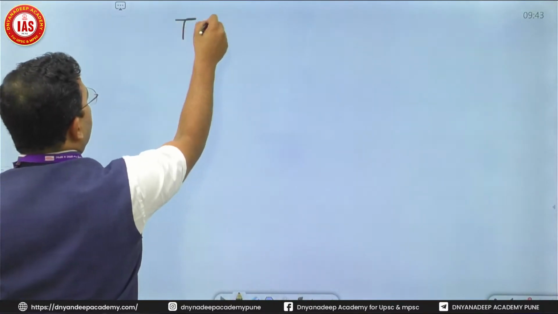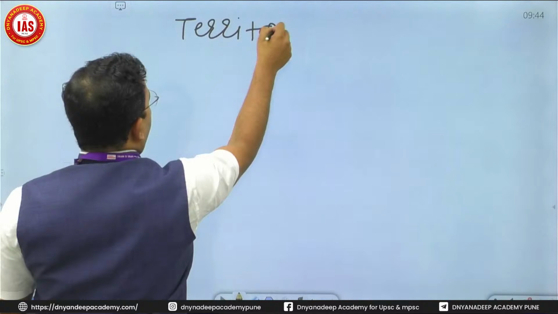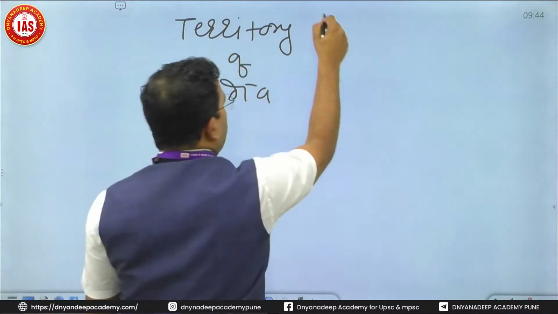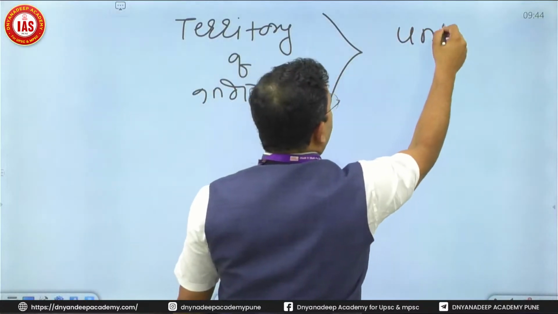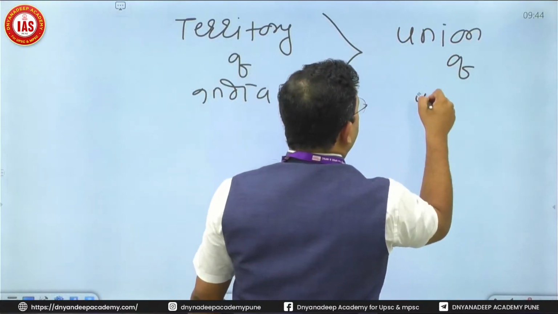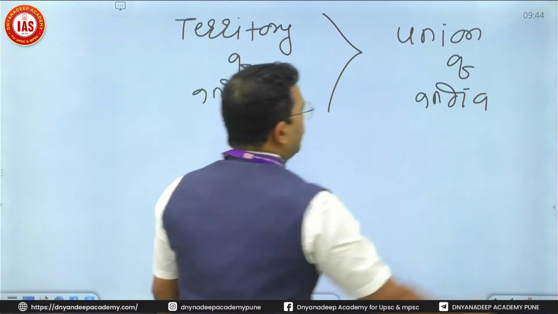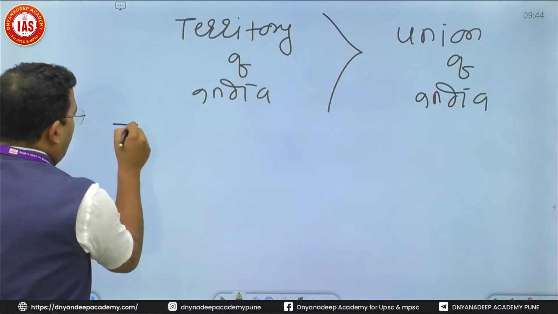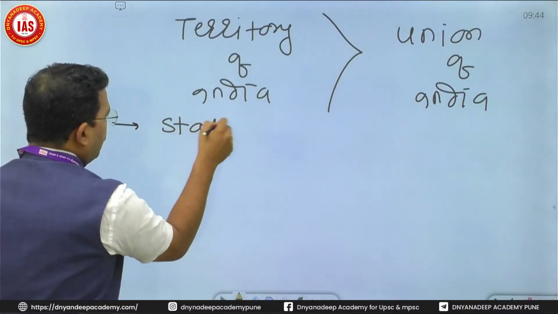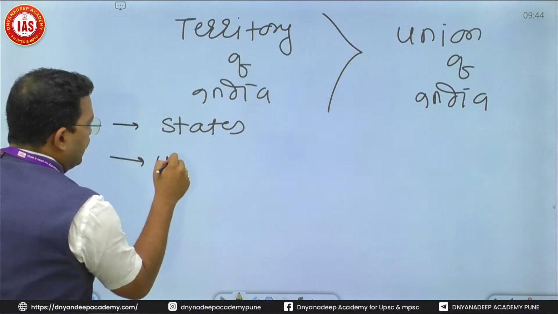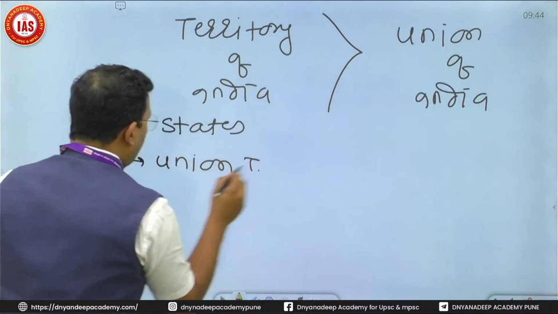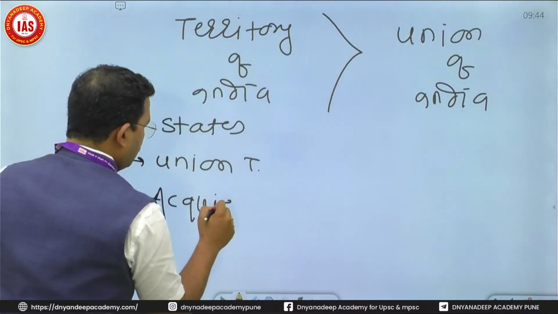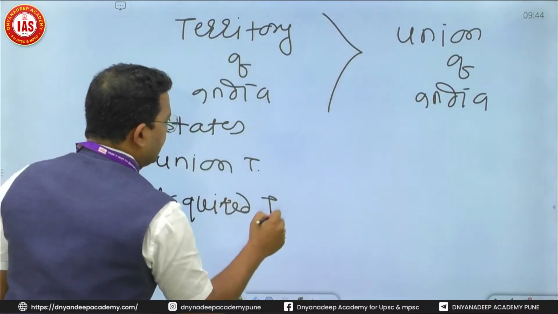One word is territory of India, which is larger than the second, Union of India. Why? Because the word territory of India includes all the states in India, all union territories in India, all acquired territories in India.